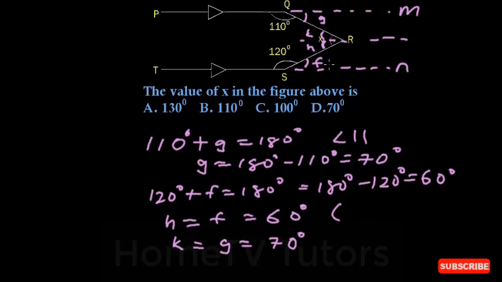So for us to now have the value of x, as in the angle QRS, that is what we're looking for, we need to add H and K, and H and K is 60 plus 70, which gives us 130 degrees, and this tallies with the answer option A.